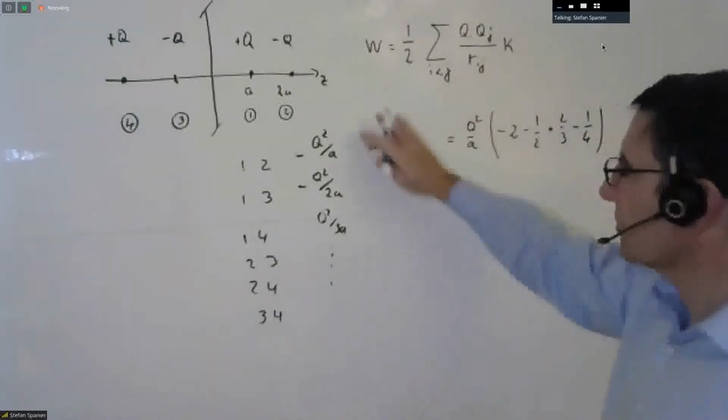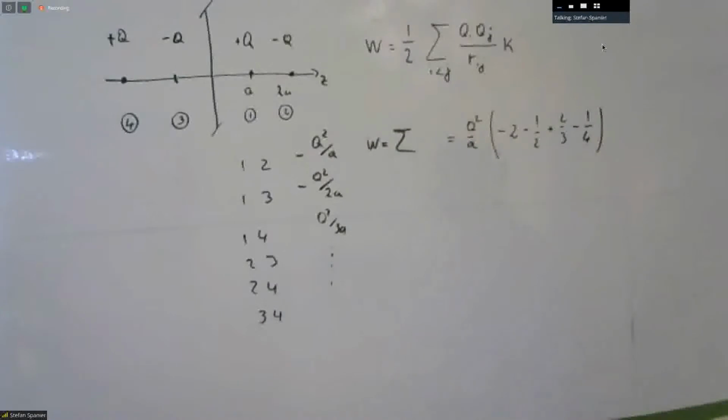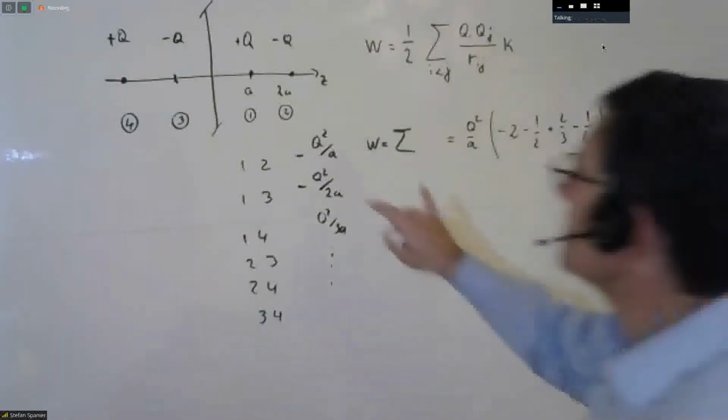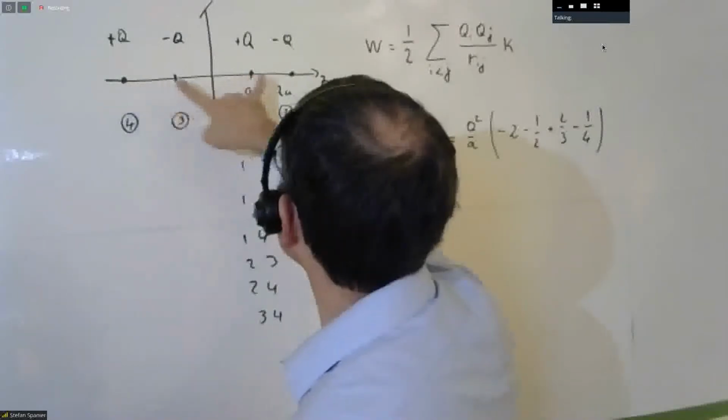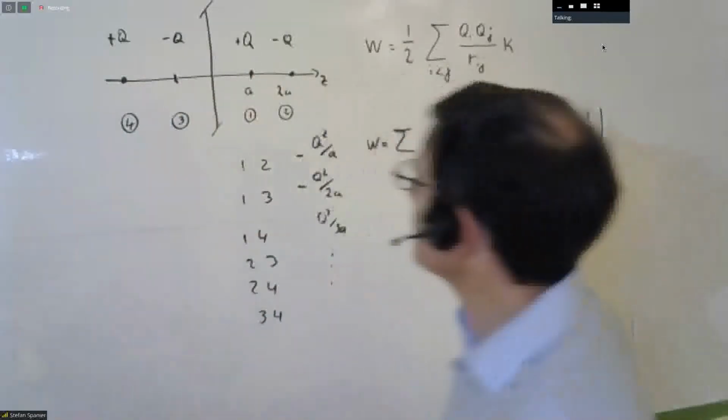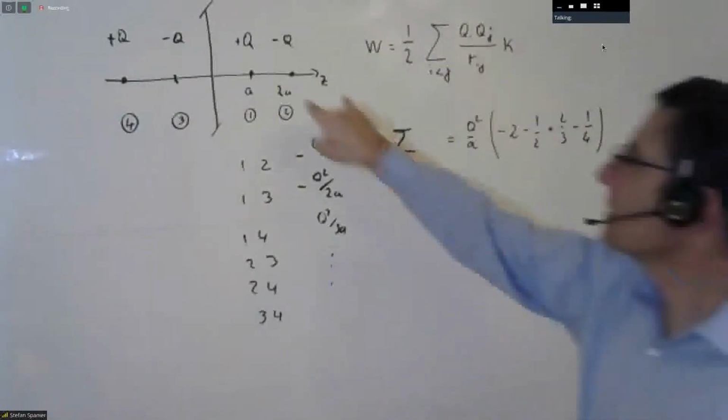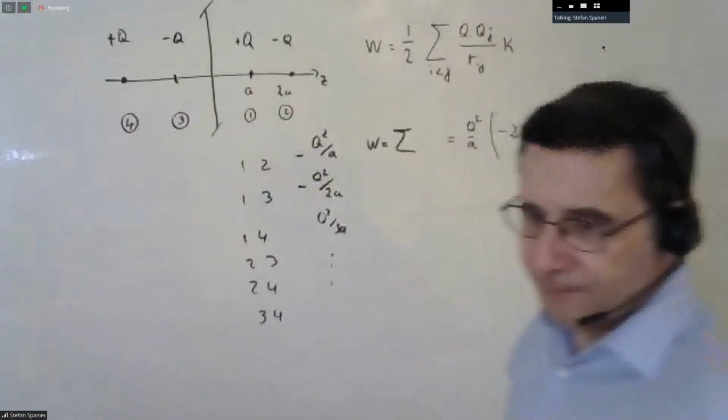So some terms appear twice. This is just an offset here, no? This and this is the same.